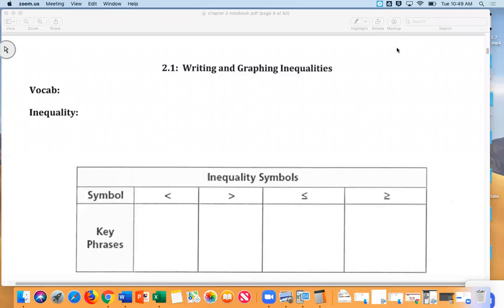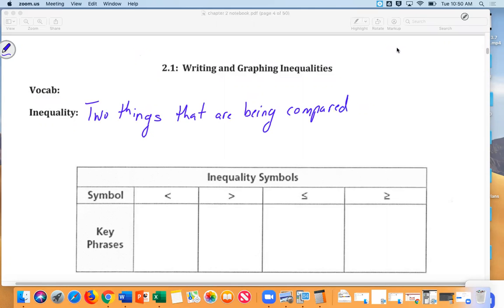All right, let's get started on 2.1, writing and graphing inequalities. So as we talked about, an inequality is two things being compared.